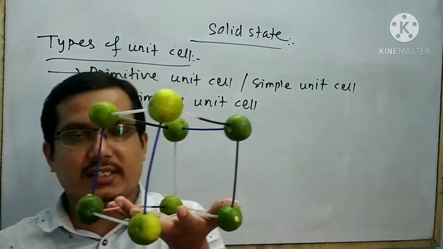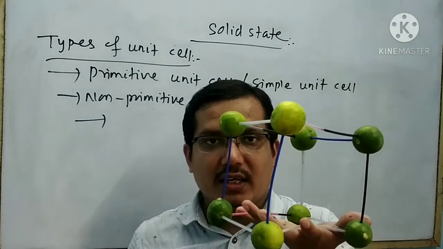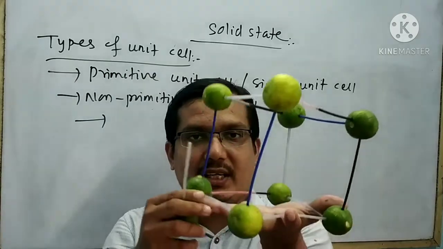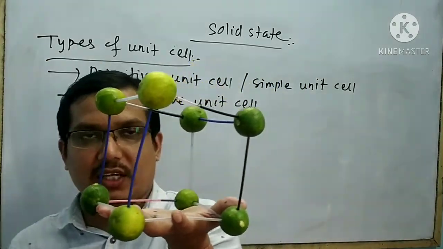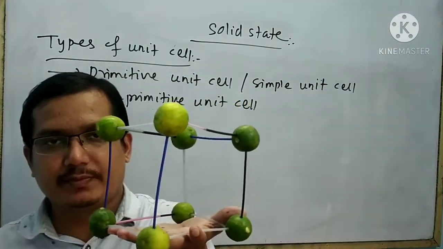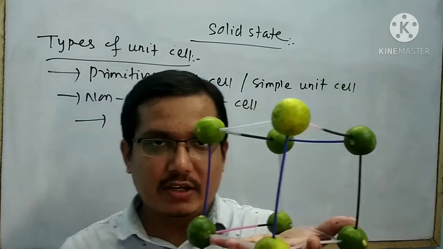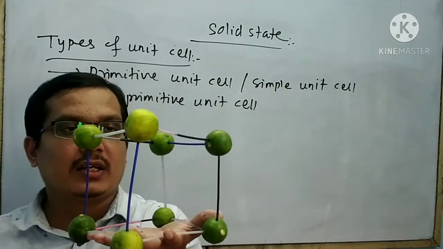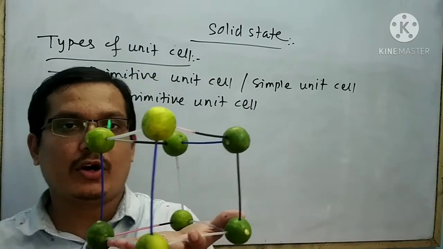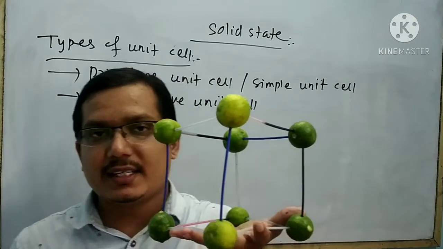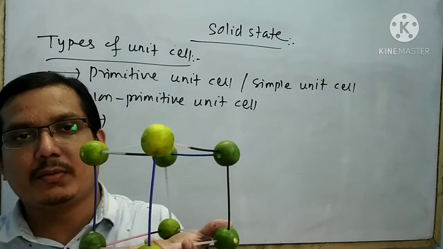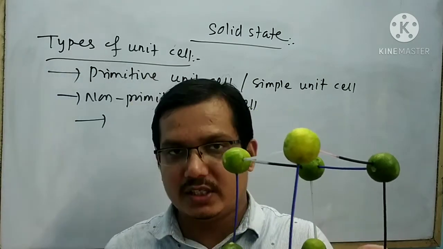When constituent particles are present at the centers of the faces, along with the 8 constituent particles at the 8 corners of the unit cell, such a unit cell is considered face-centered cubic. Next is the end-centered cubic. In end-centered cubic, 2 extra constituent particles are present at the centers of 2 opposite faces. In edge-centered cubic, the constituent particles are present at the centers of the edges of the unit cell.